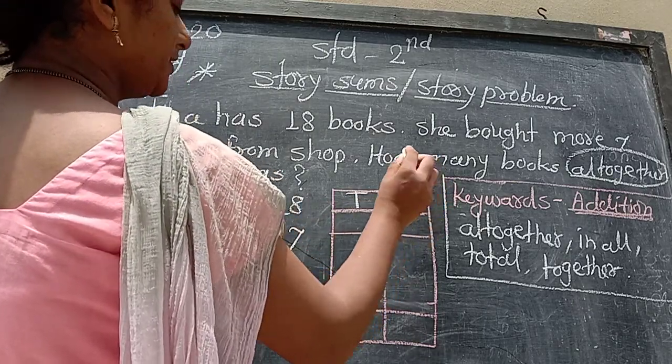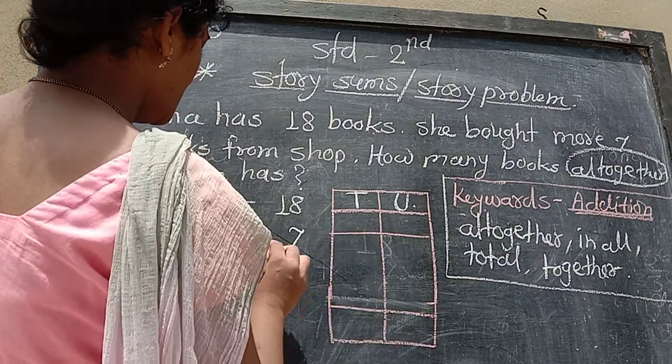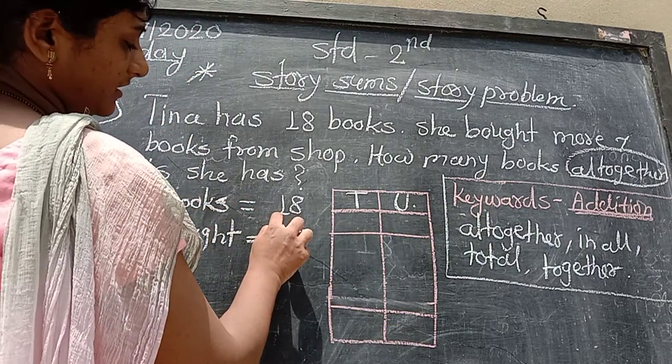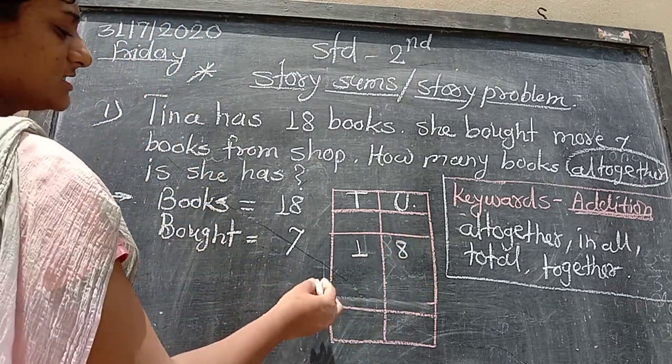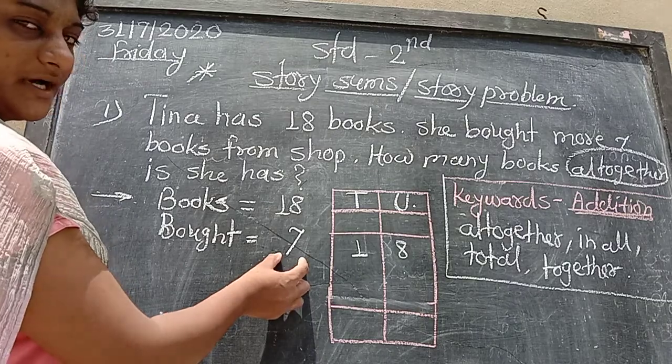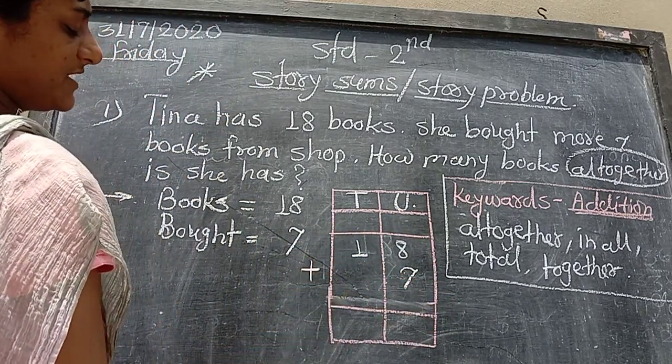Tens and units, otherwise ones. Ones means O, you can also write. Now, how many books? 18 books she had first, and she bought 7 more books. This is a single digit number, so you can write it on the unit place, on the ones place.